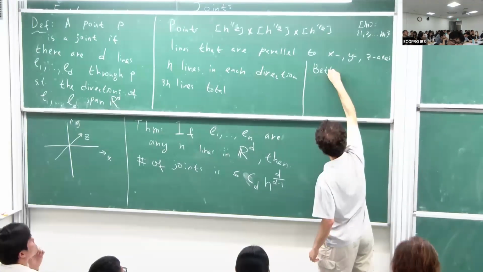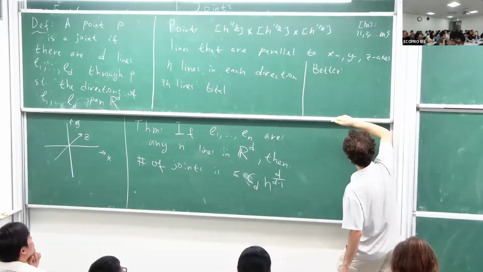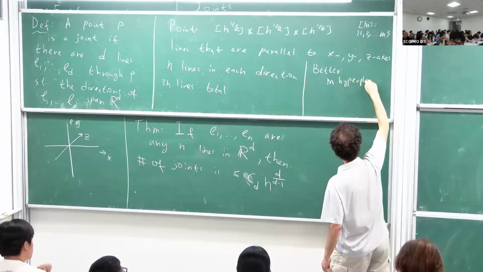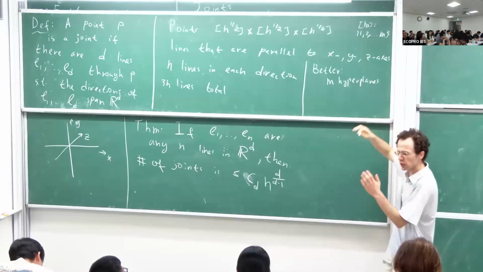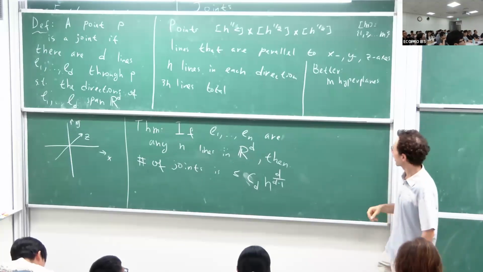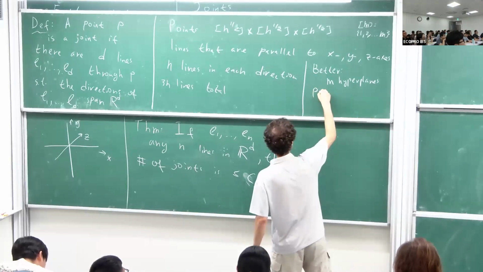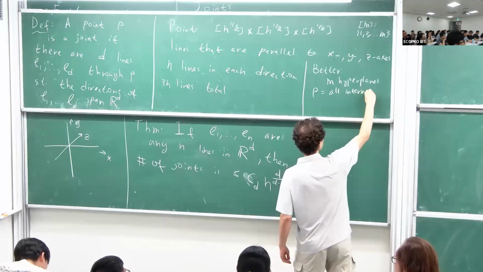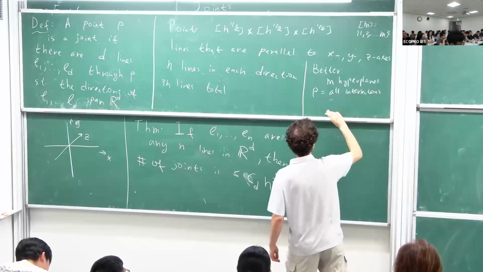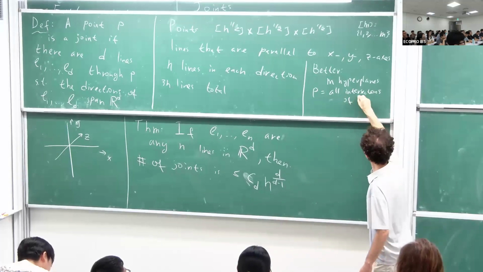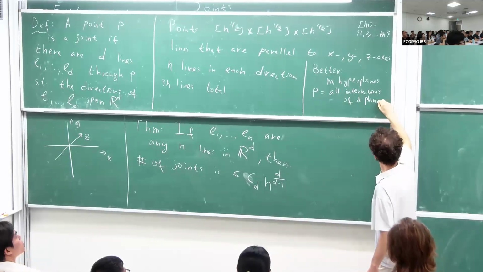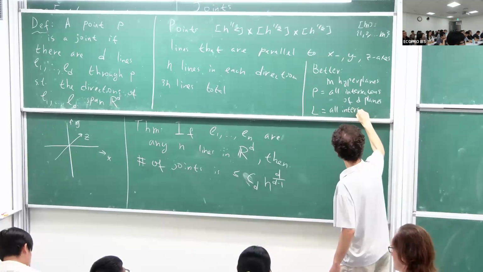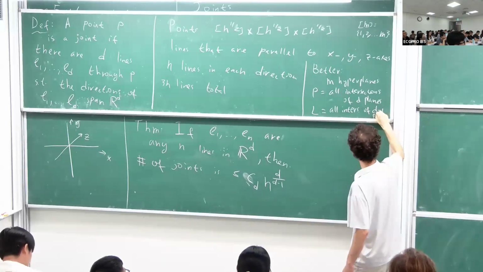It looks as follows: you take M hyperplanes in general position, and then take P to be all intersection points of D planes, and the set of lines to be all intersections of D minus 1 planes.